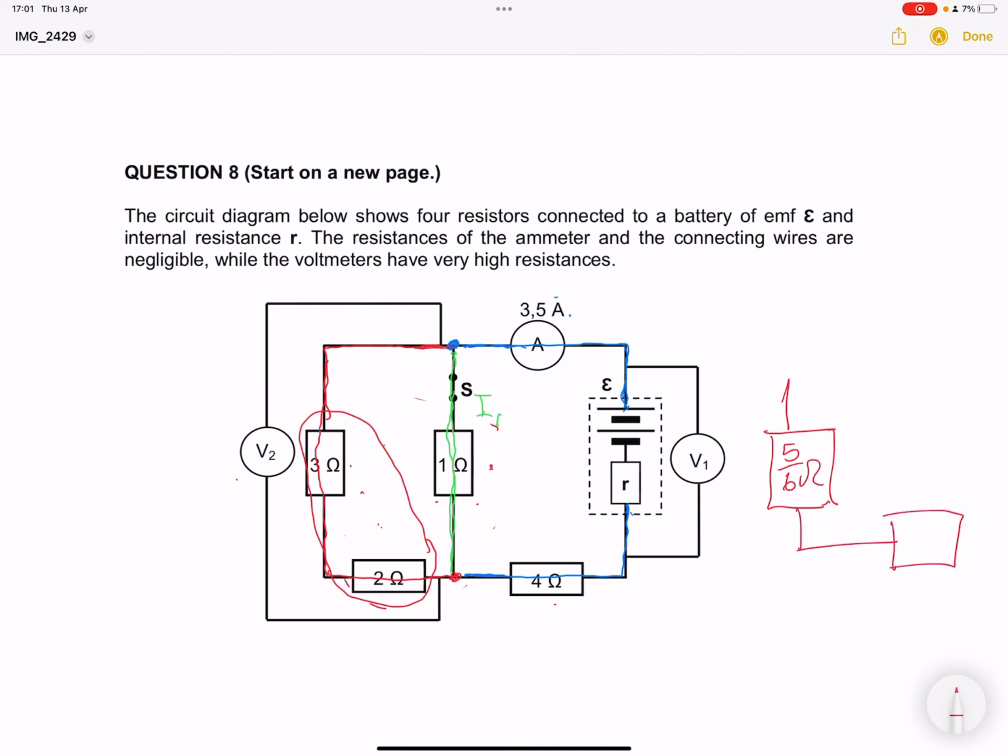And all of them are now in series with that 4 ohm resistor there. So as a result, we're going to add all of those resistors to get our effective resistance or our external resistance. So it will be 4 plus 5 over 6, right?